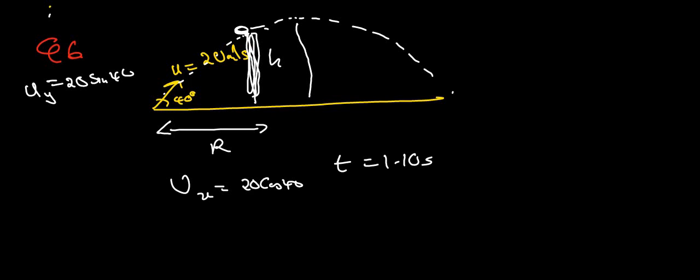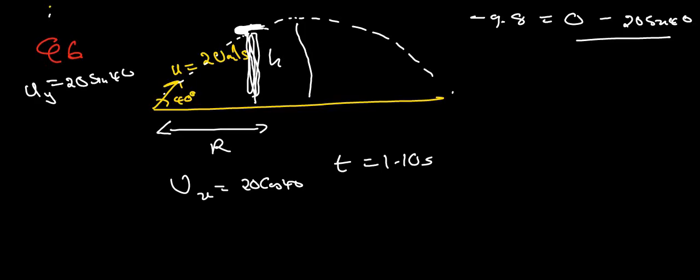Now we're making this our maximum height, so the final velocity there has to be 0. If g is negative 9.8 and the final velocity is 0, we have 20 sine 40 over, oh no, the time is already given.